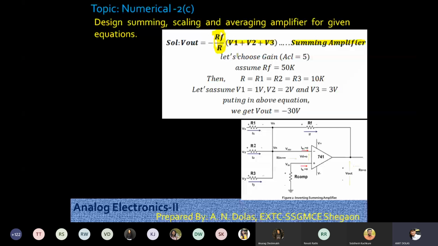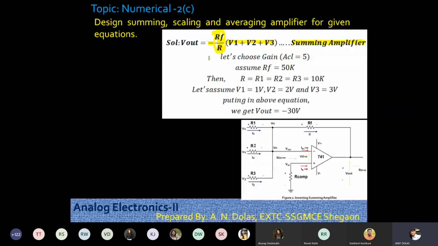In the examination you may be asked to solve V out is equal to minus 5 into V1 plus V2 plus V3, or minus RF upon R into V1 plus V2 plus V3. So only the equation may be given, nothing will be written. If there is a minus sign, you have to understand that it is inverting mode. If there is no minus sign, then you have to move for non-inverting mode. अगर सिर्फ solve इतना question आता है तो no statement is given.